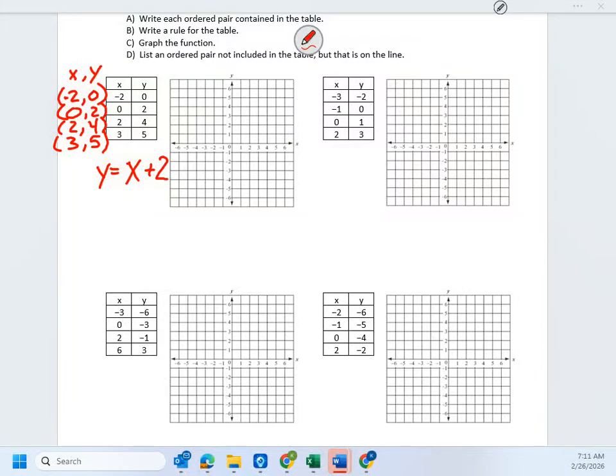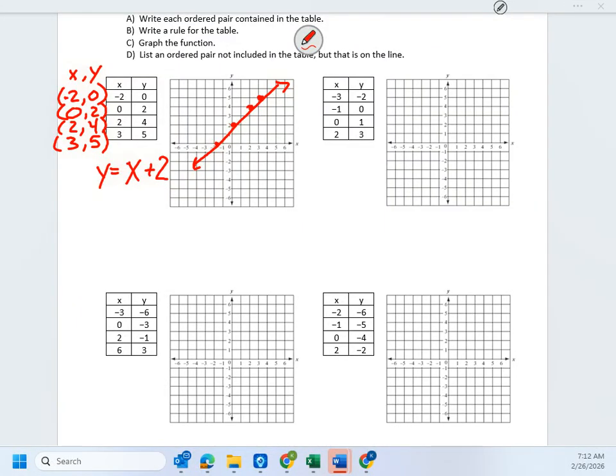Now I'm going to graph my function, so I'm going to look at those ordered pairs: (-2, 0), (0, 2), (2, 4), and (3, 5). I'm going to draw my line, putting the arrows on the end, and now I need to say what an ordered pair is that's not already listed but will be on the line.